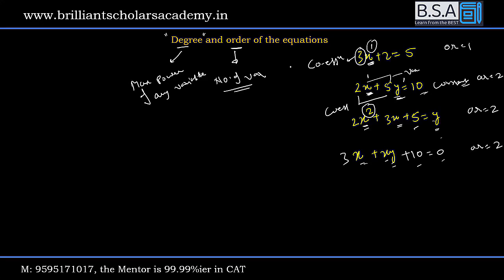So the degree of the first equation is 1. They have both the same power, 1 and 1, so the highest power is 1. Here the degree is 2. The highest power is 2.